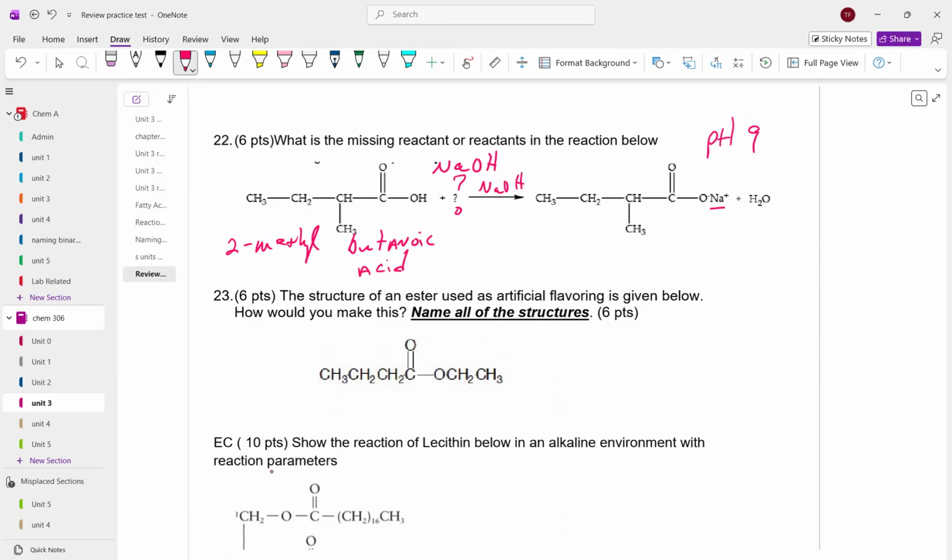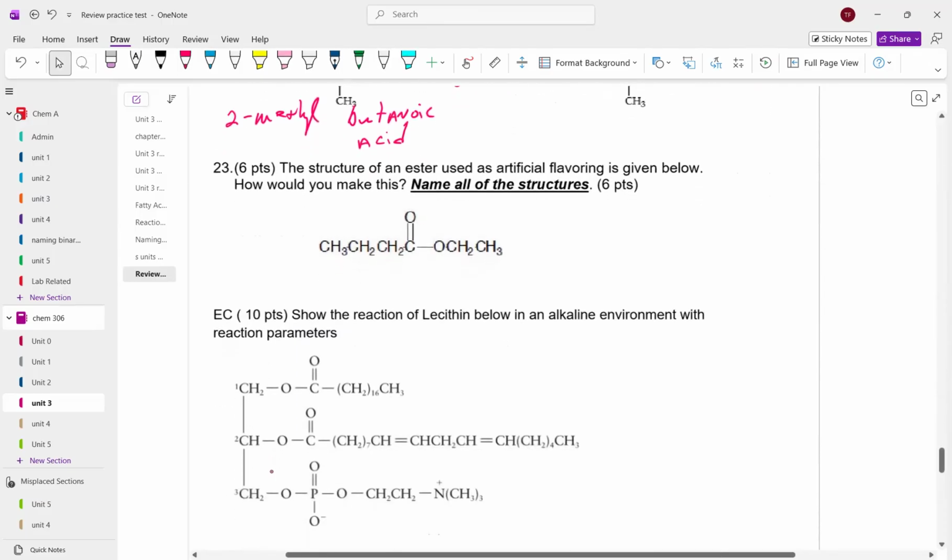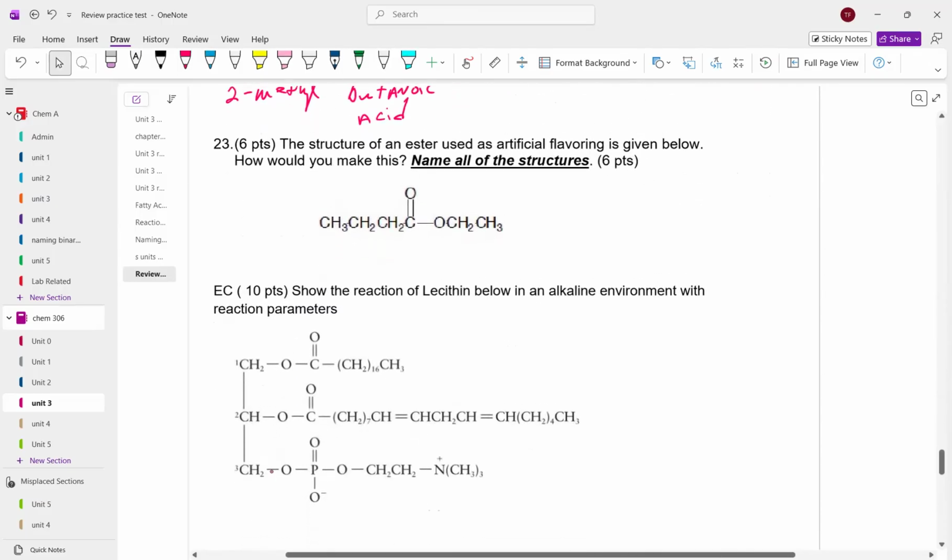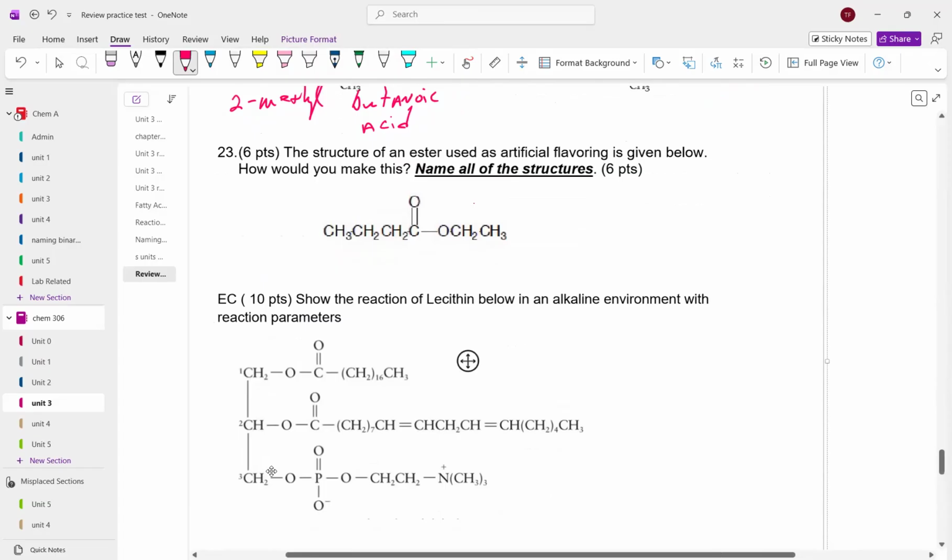Okay, all right, so we have a flavoring agent below. It's an ester. Two carbon alcohol, 4 carbon acid.